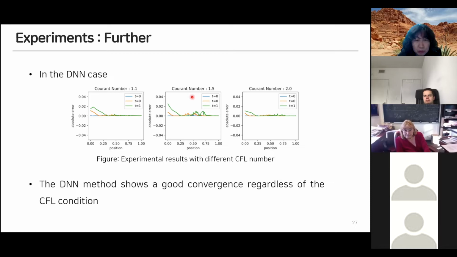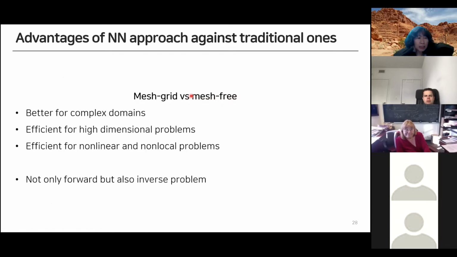Okay, good. So far, I showed you a very general, simple and basic framework of the deep neural network approach for the forward and inverse problems of partial differential equations. We looked at this for only basic and fundamental partial differential equations.